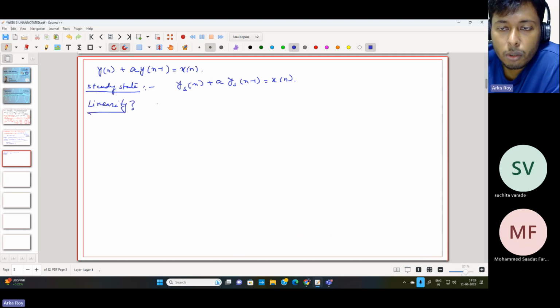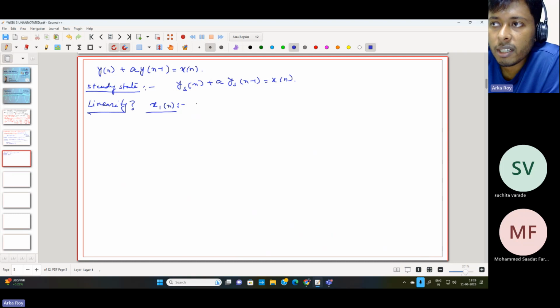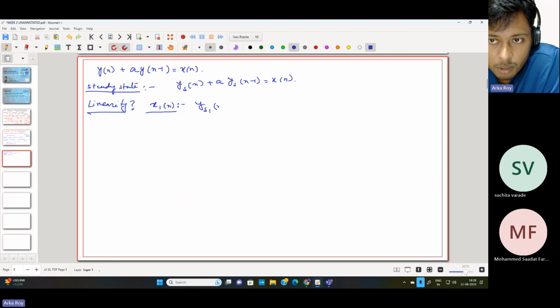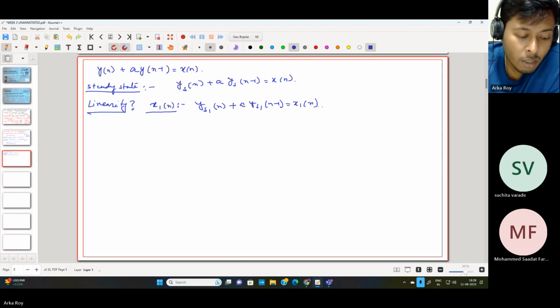To check linearity, we know that we provide two different inputs, then add the inputs using some linear combination, and see whether the output is related to the summation of the outputs when we applied the inputs separately. So when we apply x1[n], the output will be ys1[n] plus a ys1[n minus 1] equals x1[n].